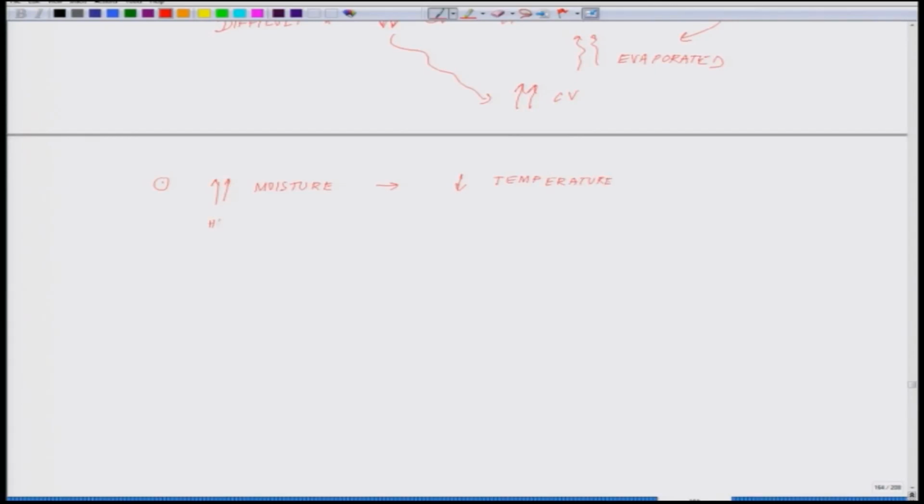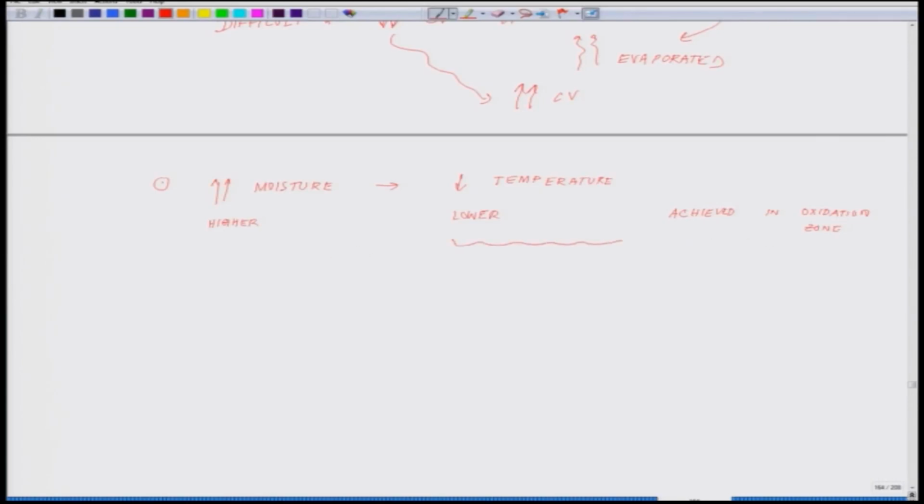So, higher moisture leads to a lower temperature achieved in the oxidation zone. We will talk about this oxidation zone when we talk about the gasifier design.